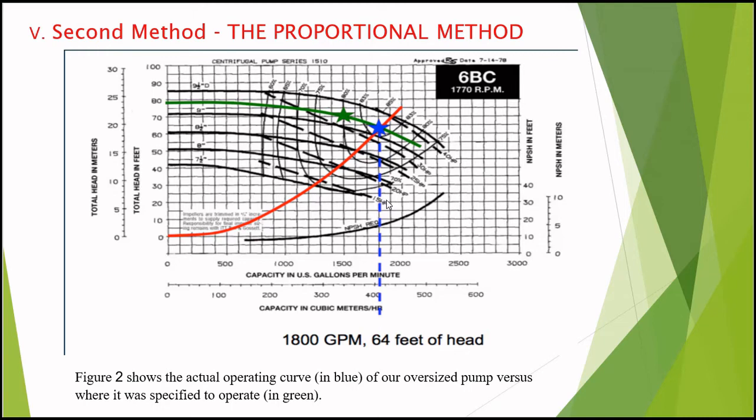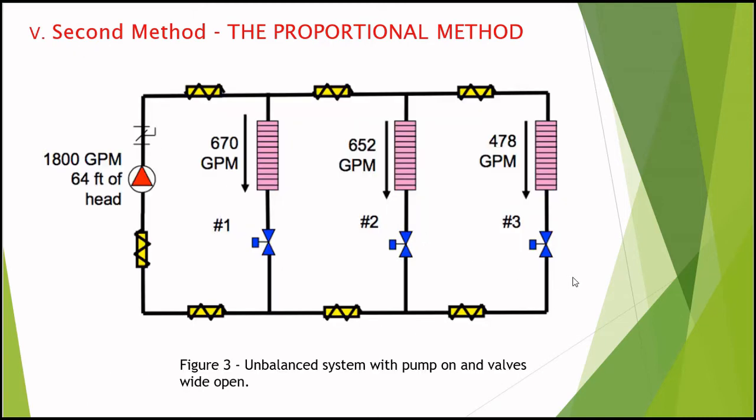So how to solve this issue? First of all, we will locate the critical circuit here. This is the critical terminal, the furthest one. We will start with the critical terminal. We will adjust the flow by using the flow limiters until we get the required flow, 500 here, one third of the design flow.